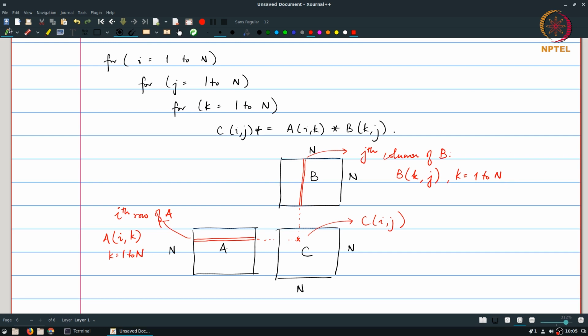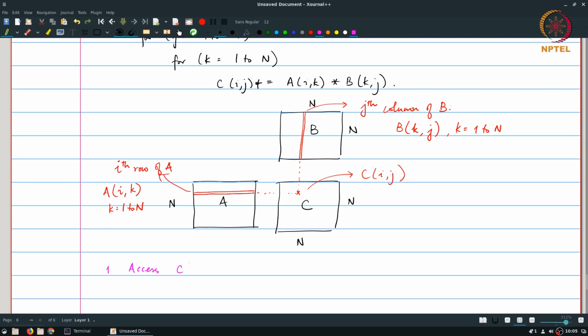In other words, the access pattern that we are talking about is going to be something like this. I will first access C of i comma j equal to 0, store it in a register.